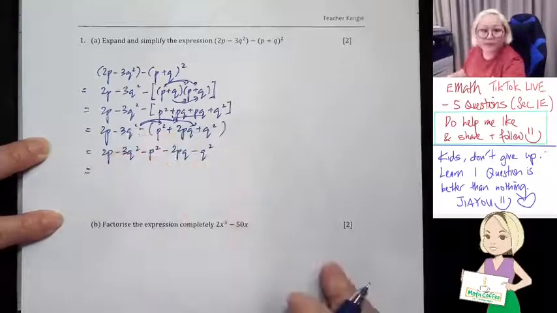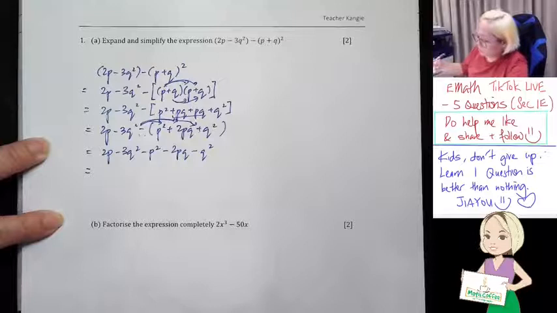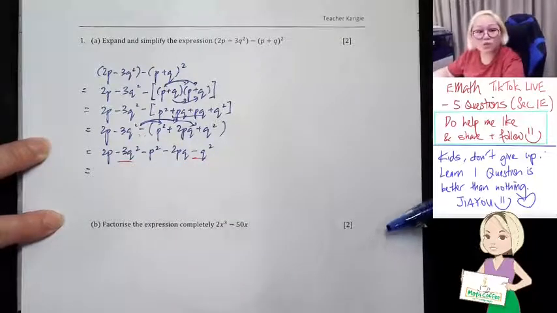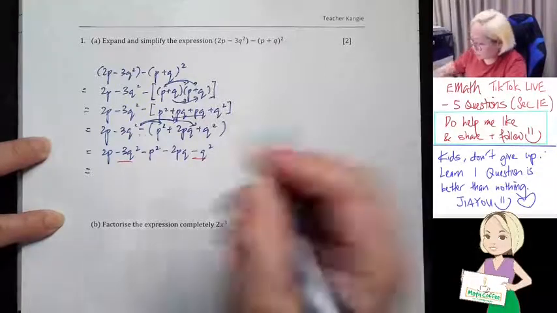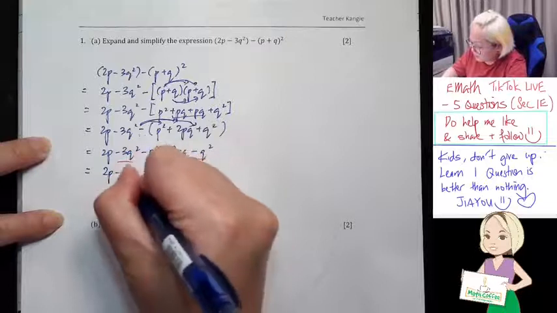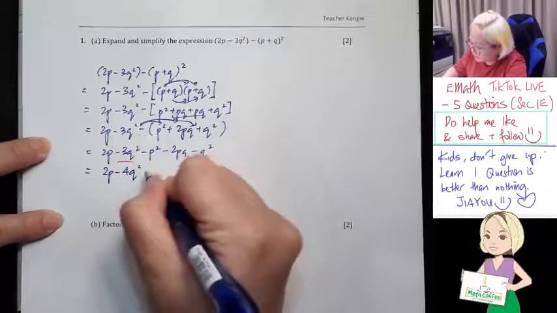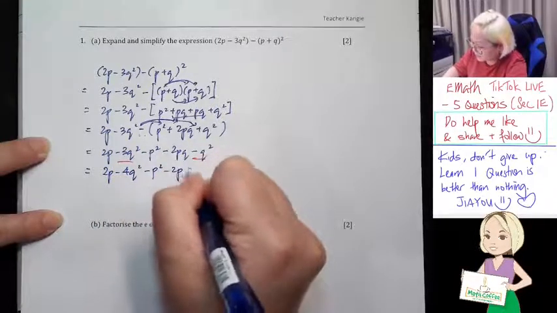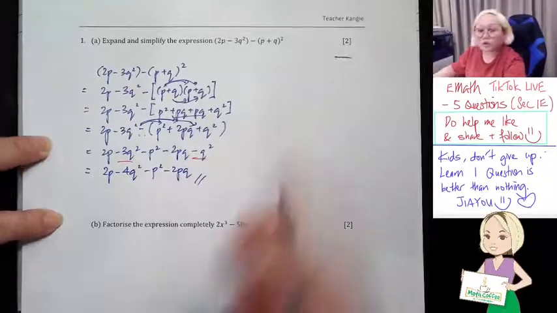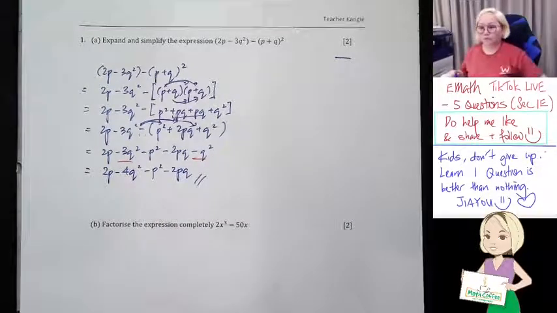So let's see whether there are any like terms. There's only one pair of like terms here: minus 3q squared and minus q squared means minus 4q squared. So it becomes (2p - 4q) squared. The rest have no friend at all, so just leave it as it is. And we are done. So this is a 2 marks question.